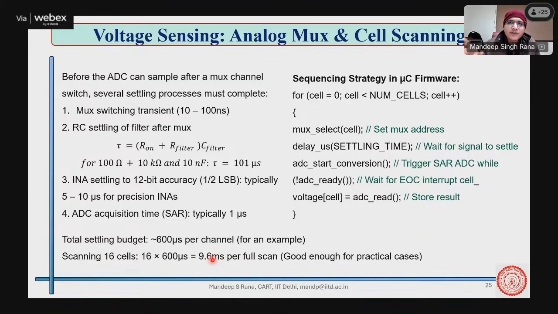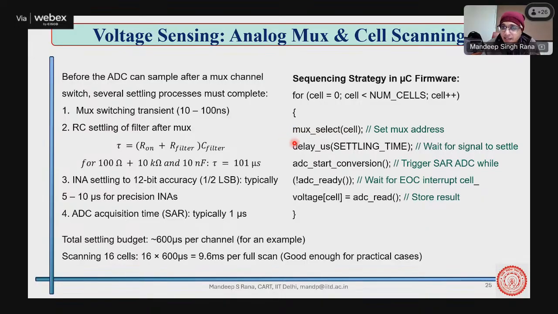Most of the manufacturers like TI, Infineon, they are using something like 10 to 12 milliseconds in this sensing part. And if you look at this sequence of the strategy, usually you go from the initial cell number to the final cell number, meaning each cell you want to read, and there is this mux selection that happens.